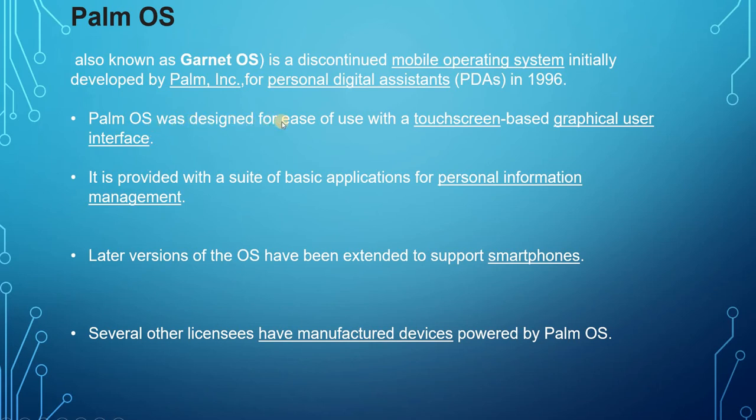Palm OS was designed for ease of use with a touchscreen-based graphical user interface. It is provided with a suite of basic applications for personal information management. Later versions of the OS have been extended to support smartphones. Several other licensees have manufactured devices powered by Palm OS.